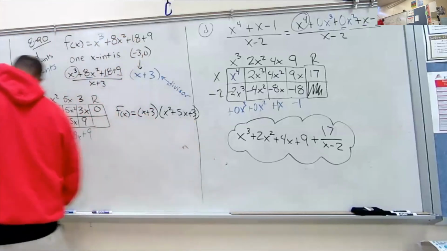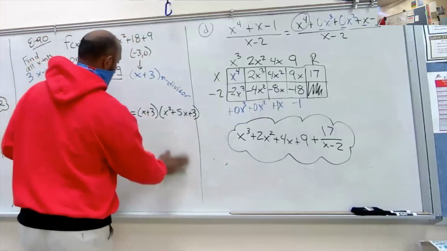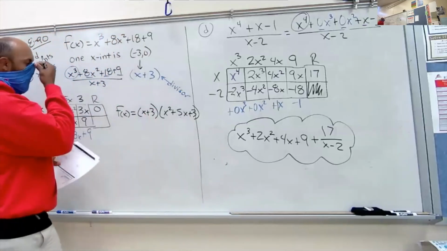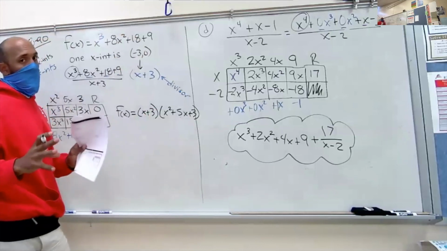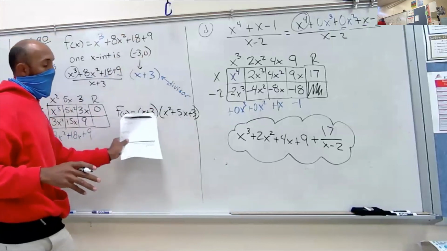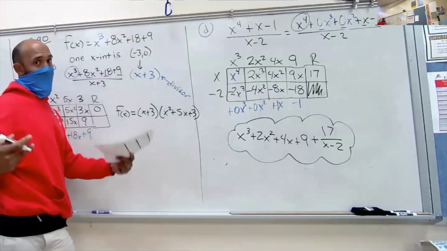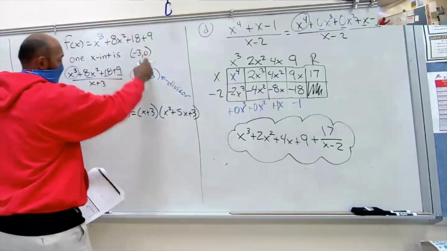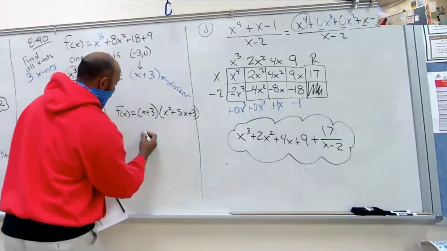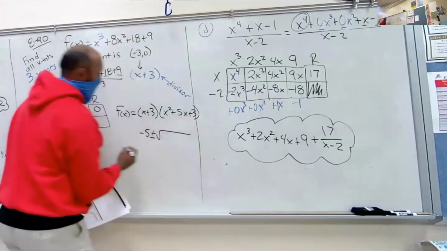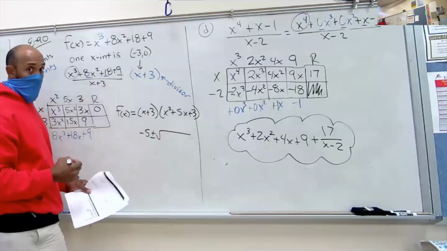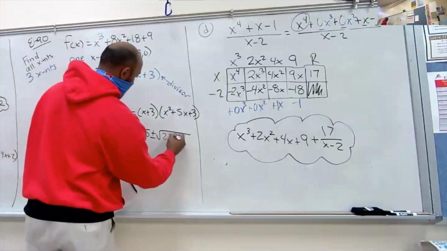All right. So I'm going to set that up. Because again, all we're looking for is the x-intercepts. I don't need to actually write out all the factors like the equation. I just need the x-intercepts, which I already have 1. So now -5 plus and minus the square root of 5 squared.